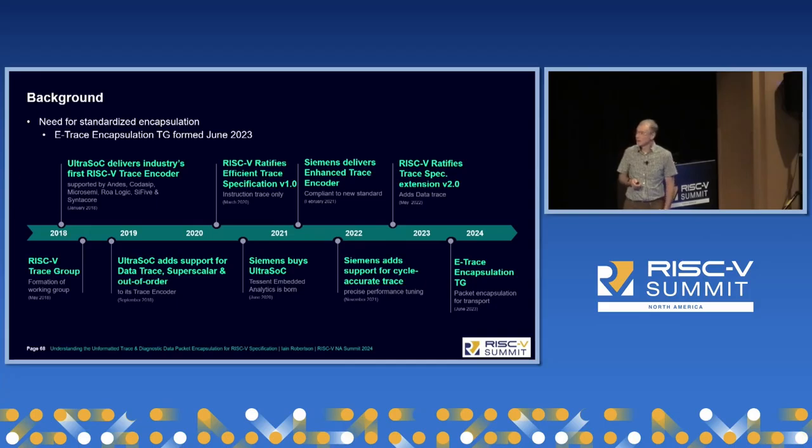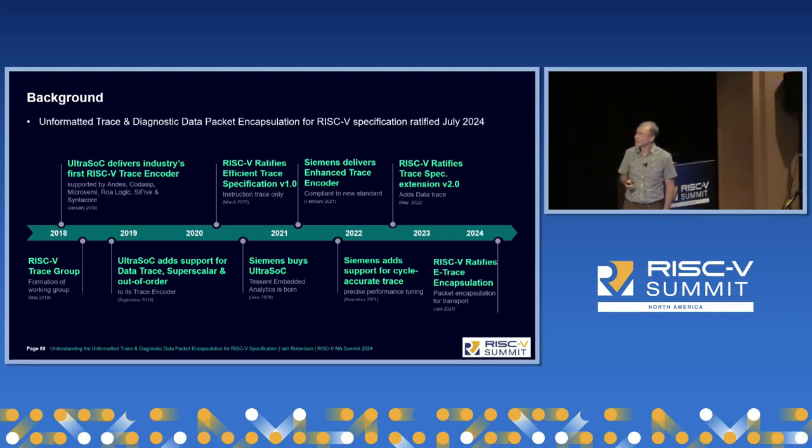And so in June 2023, we set up the E-Trace encapsulation task group, and in just over 1 year, that turned into a ratified specification, which is the Unformatted Trace and Diagnostic Data Packet Encapsulation for RISC-V specification.